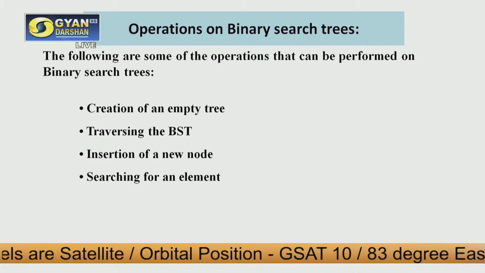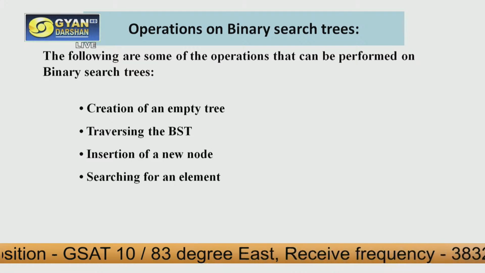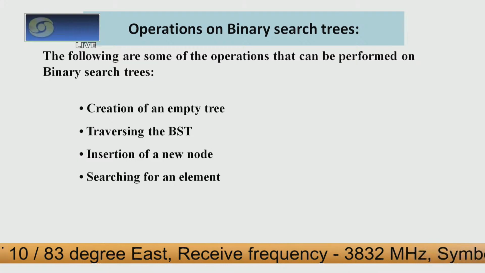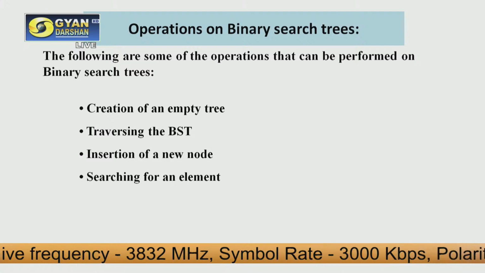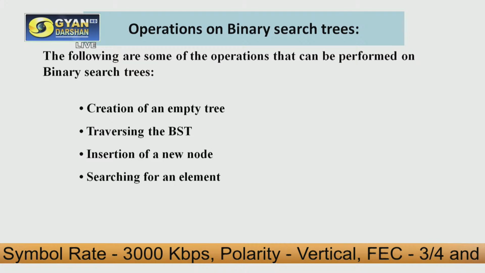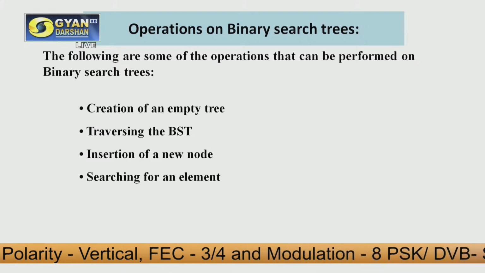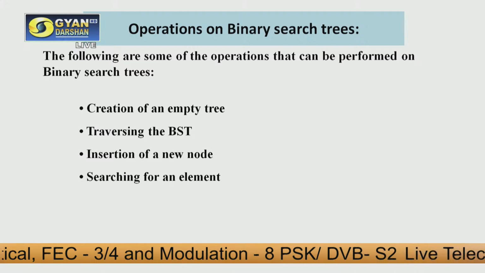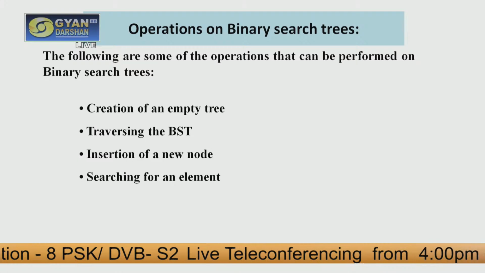If it is smaller, then we have to search only the left subtree. We don't have to go into the right subtree, so we can ignore it. The same process is followed in the left subtree, and that way we can finally find whether the node to be searched exists or not.